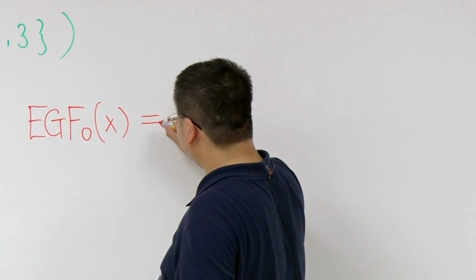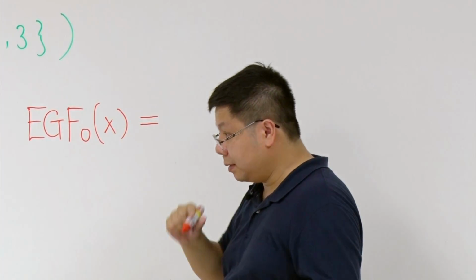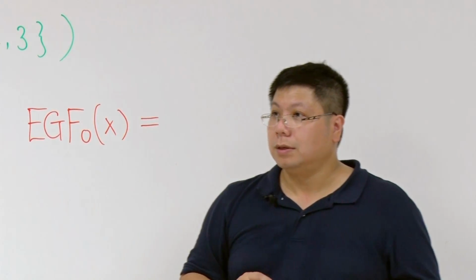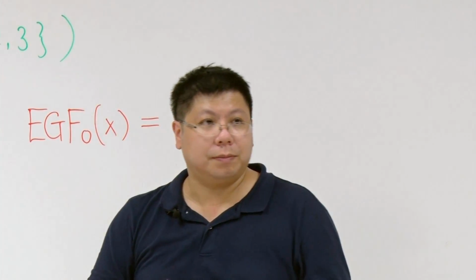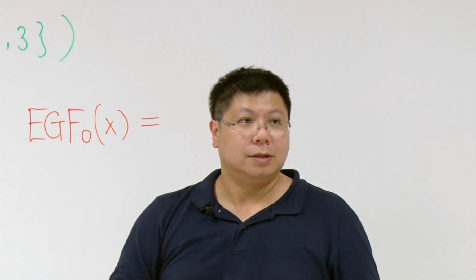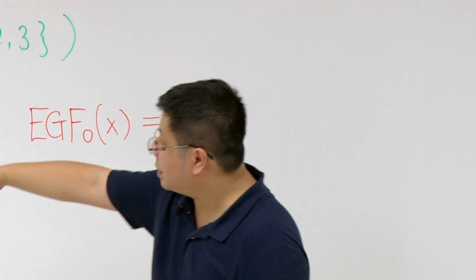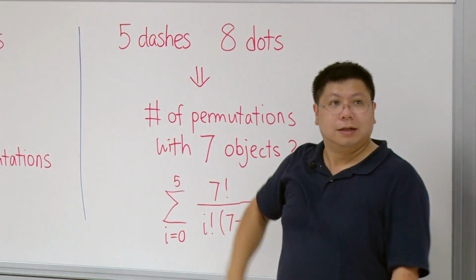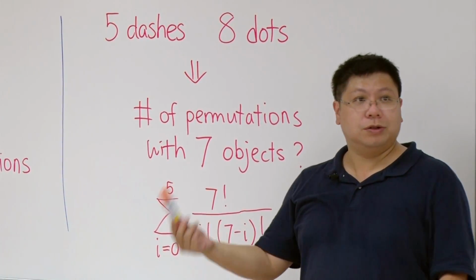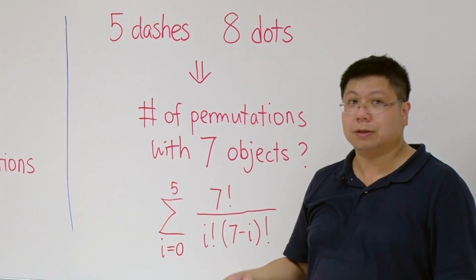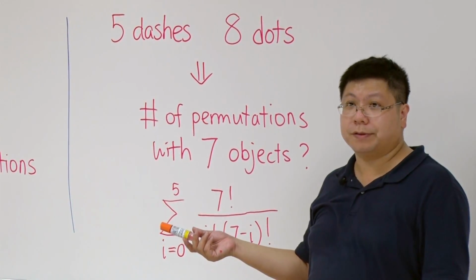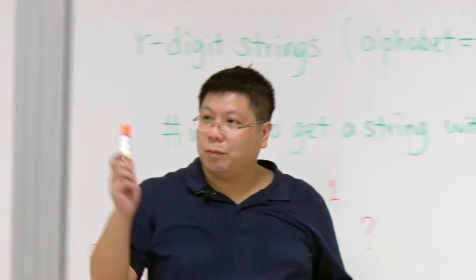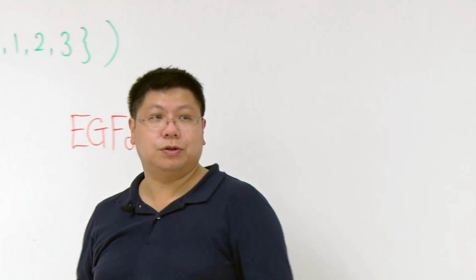Just for 0, we have infinite supplies of zeros. How many ways? Previously we had only 5 dashes, right? So there's 1 way to choose nothing, 1 way to choose 1 dash, 1 way to choose 2 dashes, 1 way to choose 3 dashes, up to 1 way to choose 5 dashes, and that's it. But for this 0, we have 1 way to choose 0, 1 way to choose 1, 1 way to choose 2, and so on and so forth.